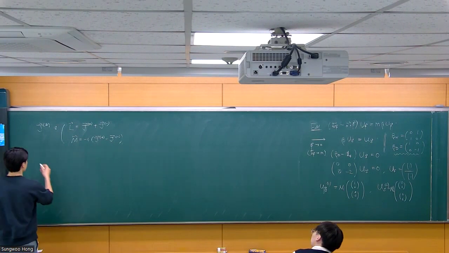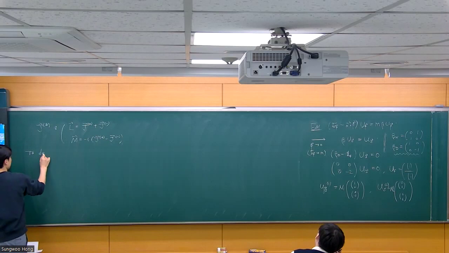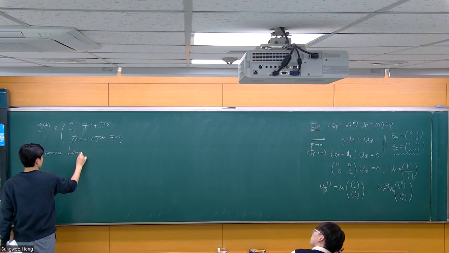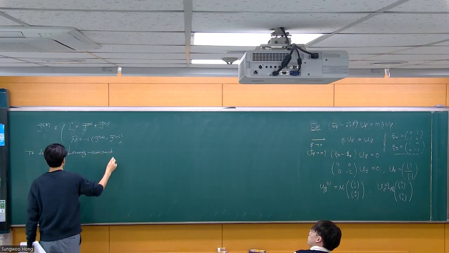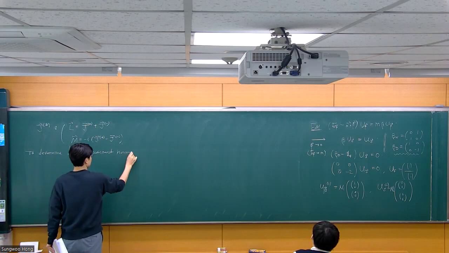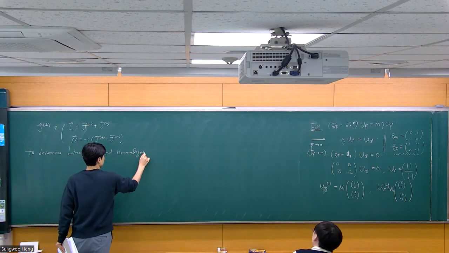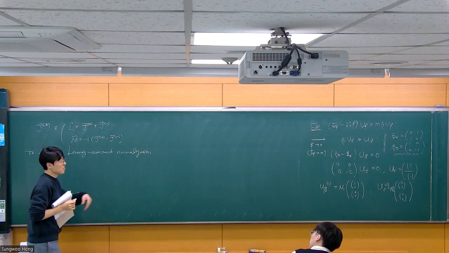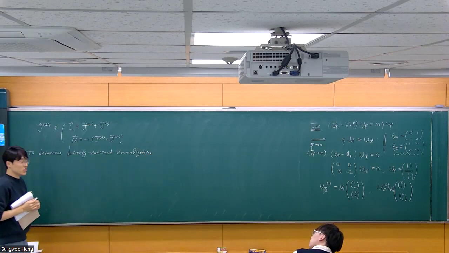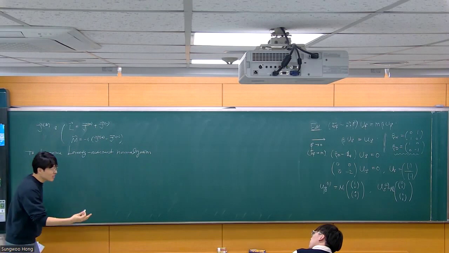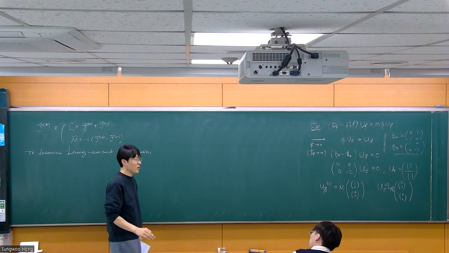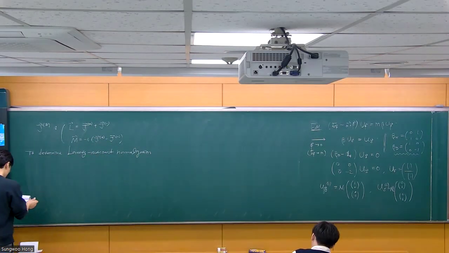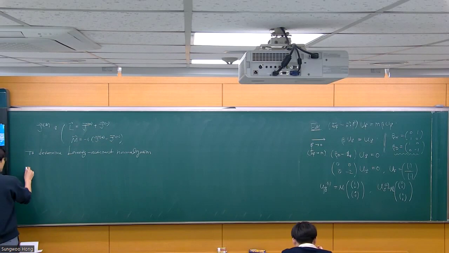So first, in order to determine the Lorentz covariant normalization, by which I mean the normalization that makes sense under the Lorentz transformation, that's what I mean. Let's note the following.